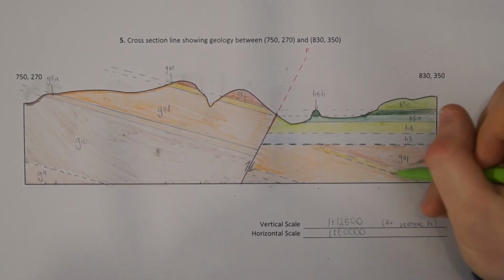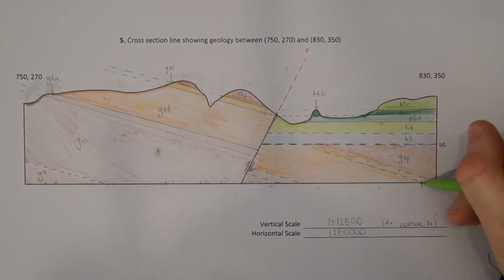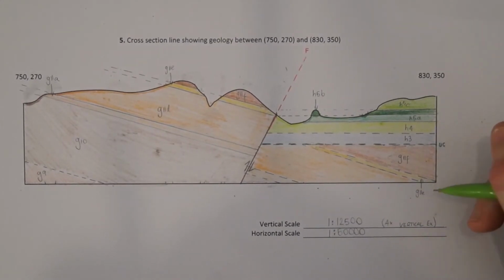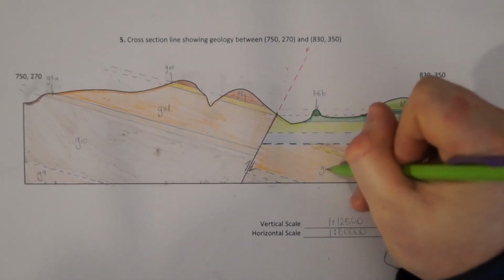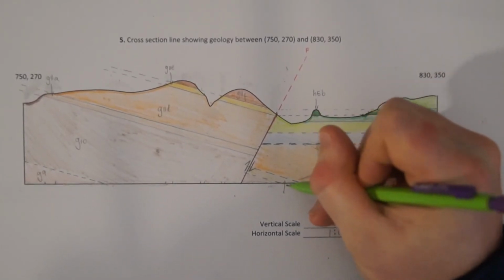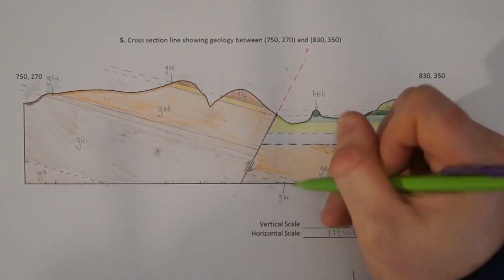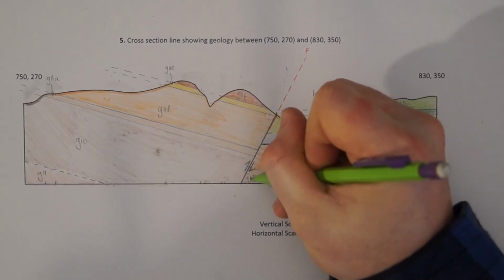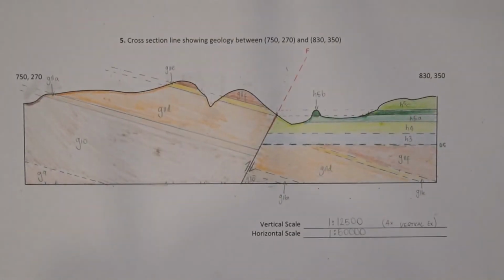I guess we don't need to do this because we've already shown what the colours equate to on that side, but just in case anyone is confused, we can quickly put those in. G11A, and then finishing with G10. Okay, so that's all labelled.